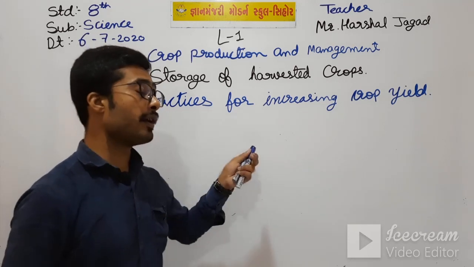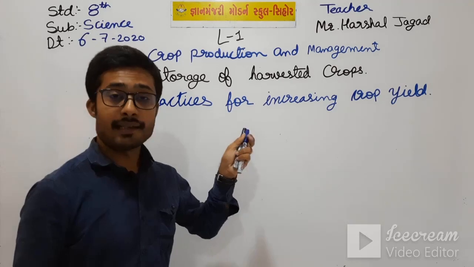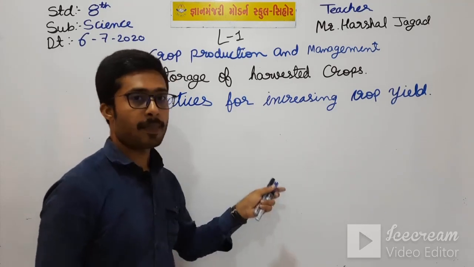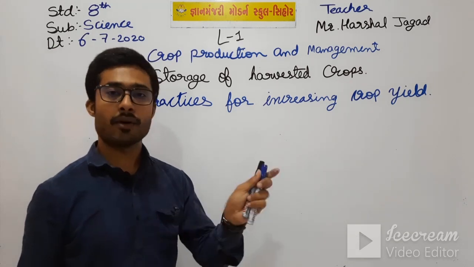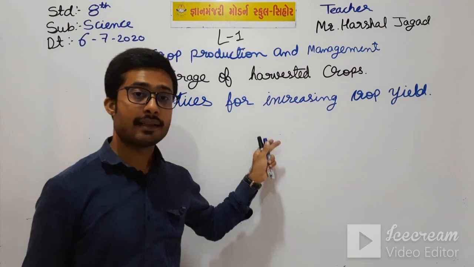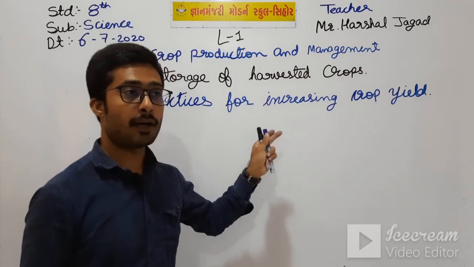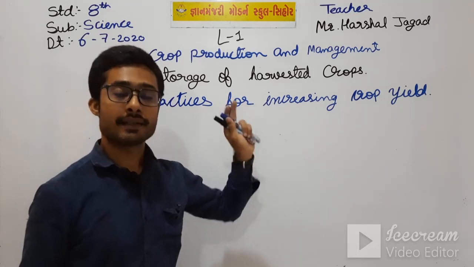Means if we have to increase the crop production, there is a stepwise process that we have to follow. If we don't do that, then the production will not increase. We have all seen that stepwise process of how the crop is produced. That process is to be done stepwise.